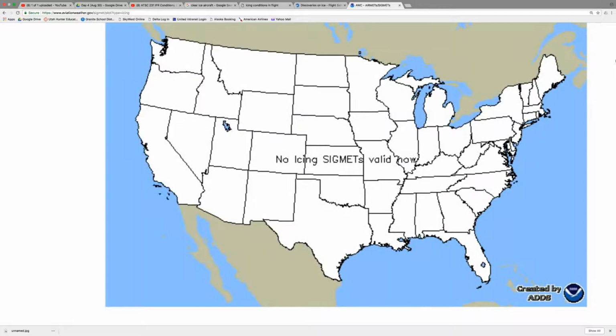There's none right now. But let's say this area is blocked out, and it says like 46E. That's the segment number. And it says moderate to severe icing.